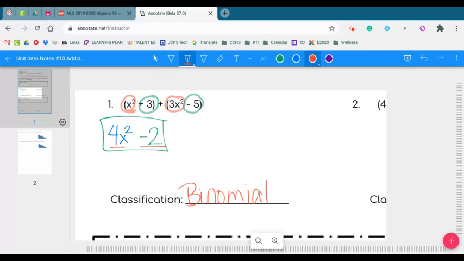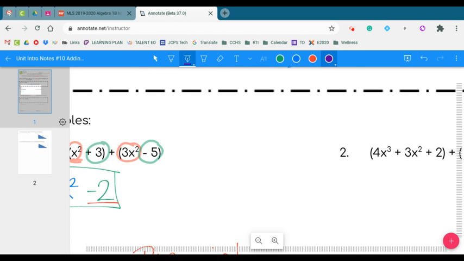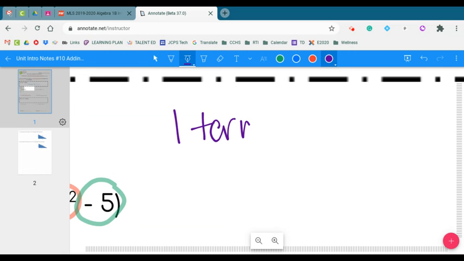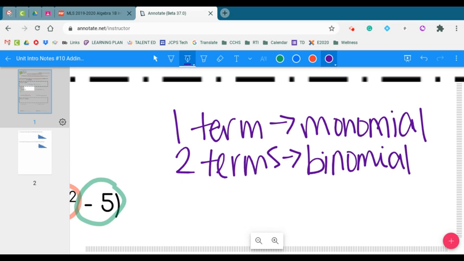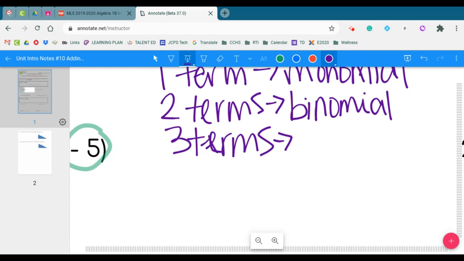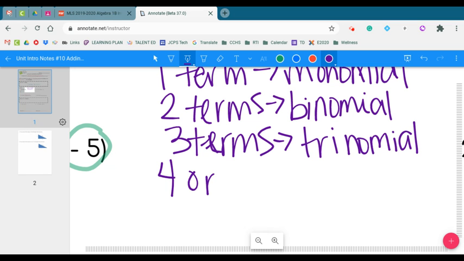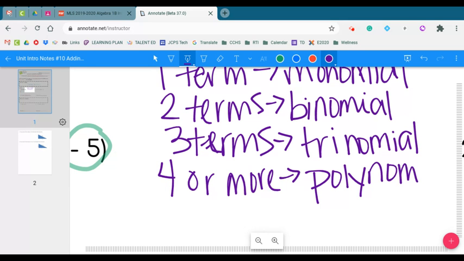So if you guys remember, 1 term is a monomial, 2 terms is a binomial, 3 terms is a trinomial, and 4 or more is going to be a polynomial. So keep that in mind whenever we're classifying.